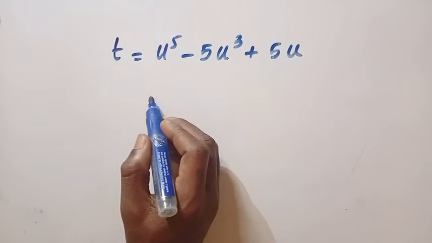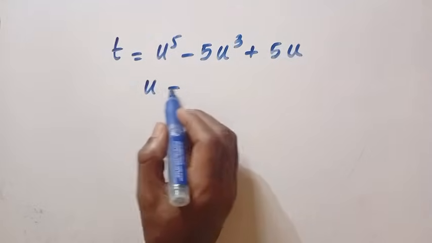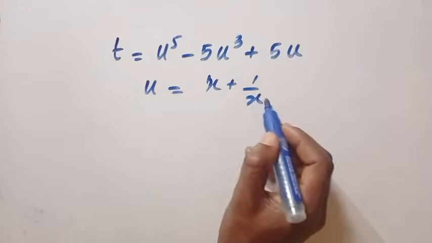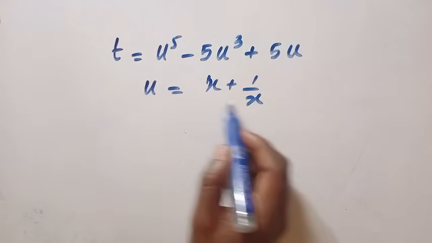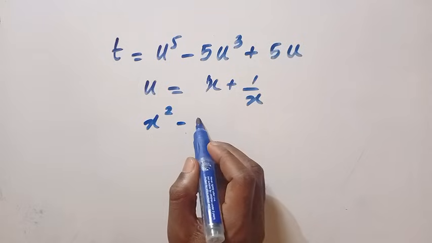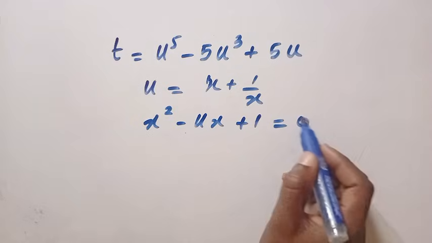So this is what we have. But let's recall that from the beginning we let u be equal to x plus 1 divided by x. Then if I cross multiply, we are going to have x squared minus ux plus 1 equals 0.